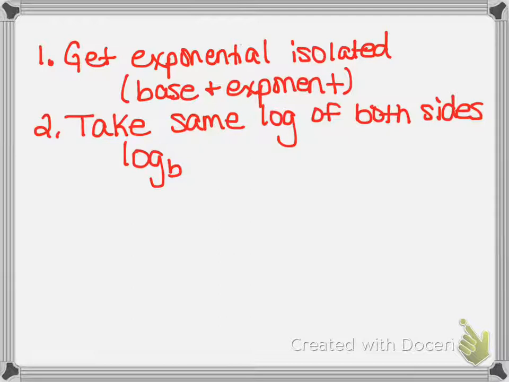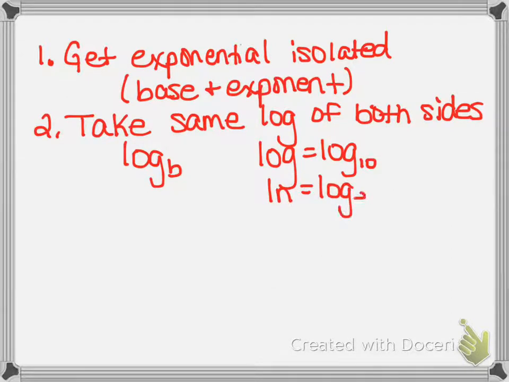But of course the two logs that we predominantly use in mathematics are common log, which looks like this, and remember that's a log with a base of 10, and natural log, which looks like that, and that's a log with a base of e. And we're going to use natural log, this one right here, because it's the log that you use almost exclusively in pre-cal. And so we want it to be the one that you've seen used, that you're comfortable using, that it's familiar to you for next year.